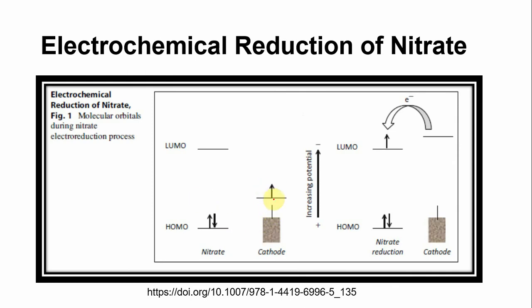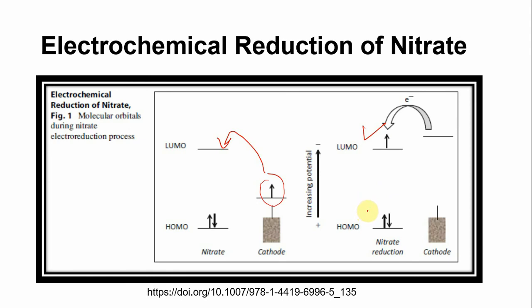When we apply some electric potential, the energy of this electron is raised, and it moves to this part as shown over here, and the LUMO of the nitrate is filled, and this way the reduction of nitrate is carried out electrochemically.